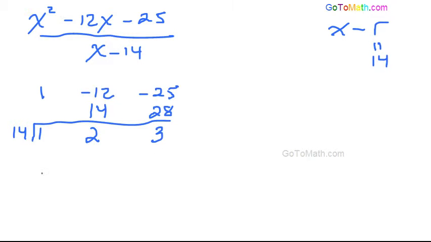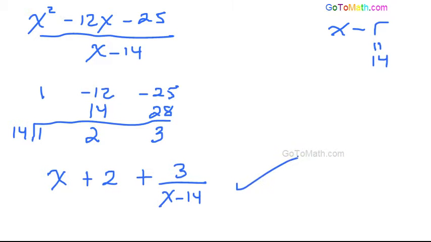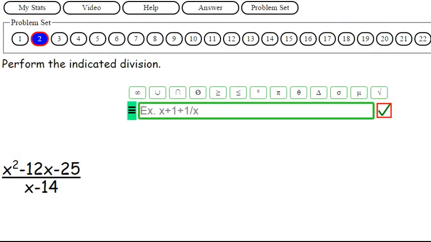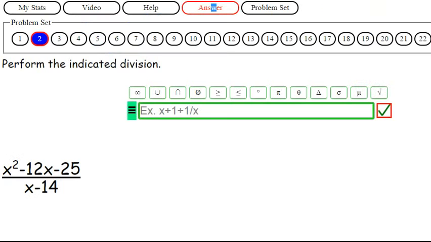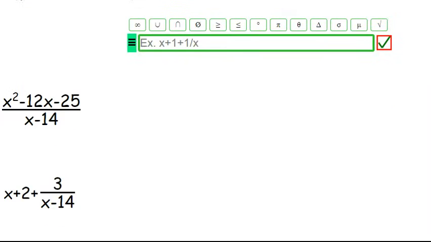So we have 1 is the coefficient of x, plus 2, plus 3 over x minus 14. Alright. x minus 14. So x plus 2 plus 3 over x minus 14.